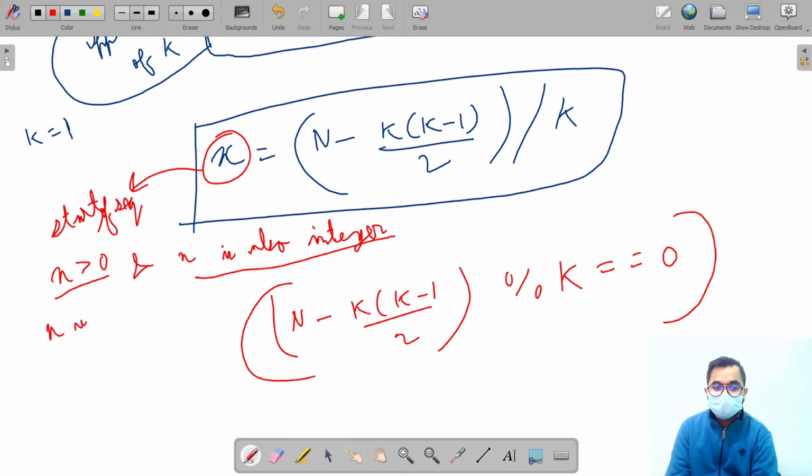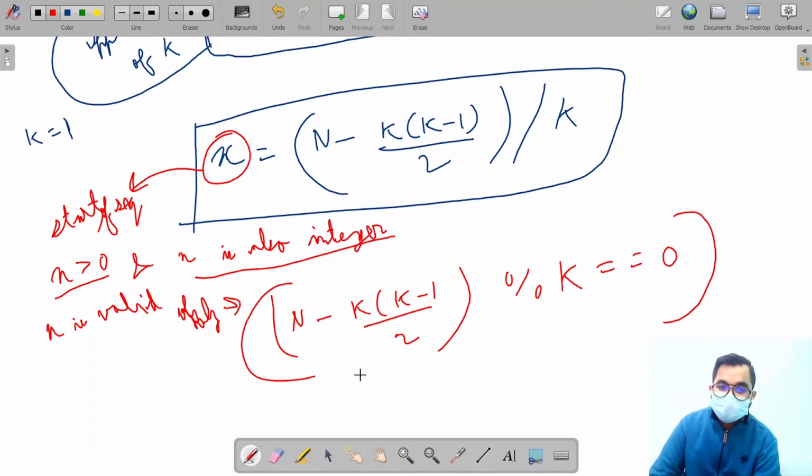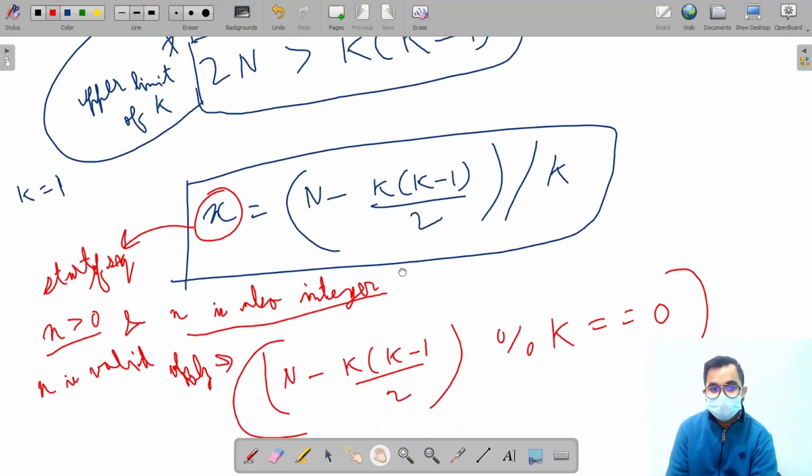And why is that? If this is completely divisible by k, then only x is going to be an integer. X is valid only for this condition, because if there is any remainder, then it will mean that x is not an integer. So I'm going to check only this condition.